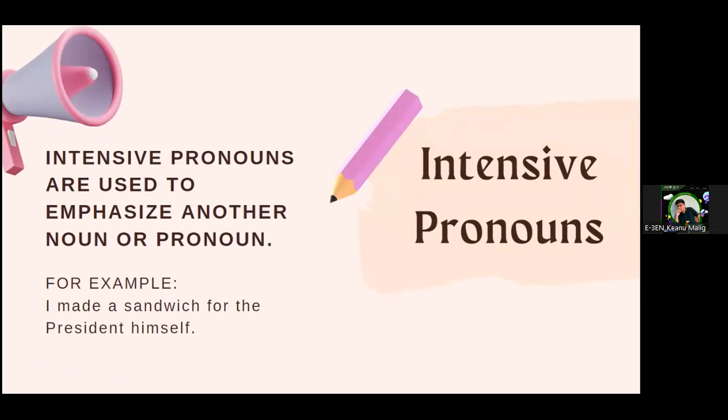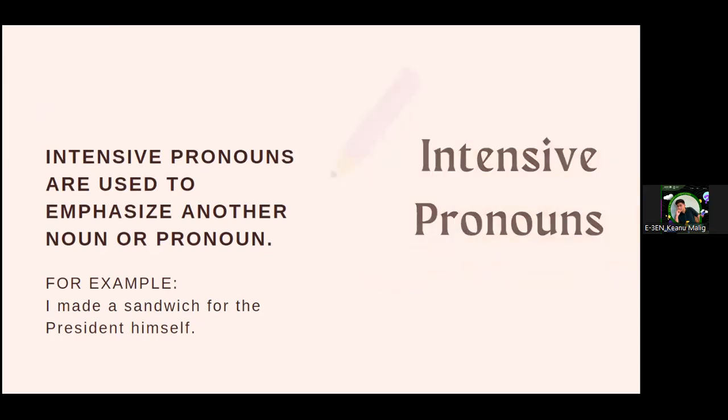This could also mean that intensive pronouns do not need to refer to the subject. For example, I made a sandwich for the president himself. In this sentence, the word himself refers to the noun president. And based on the sentence example, it is obvious that intensive pronouns are not necessarily needed.